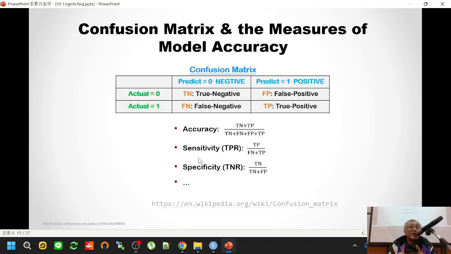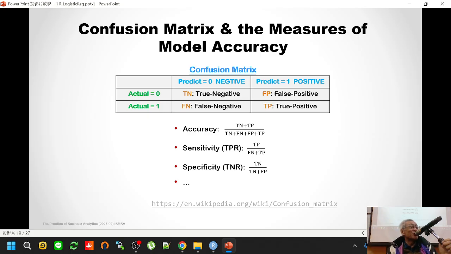For example, sometimes sensibility is very important. For example, COVID-19 testing, right? If someone is positive, you don't want to miss it. So if someone is actually 1, you want to have a high sensibility to detect it.